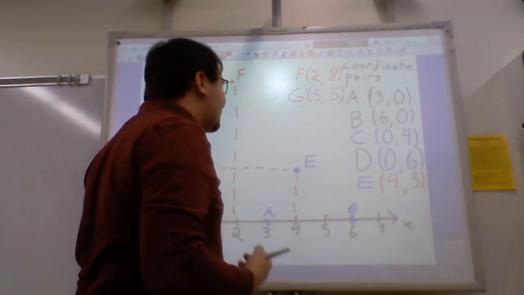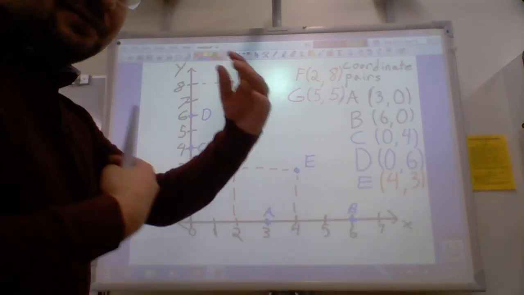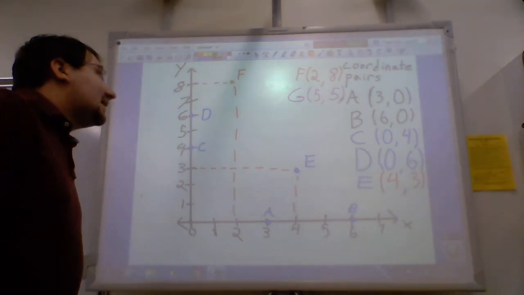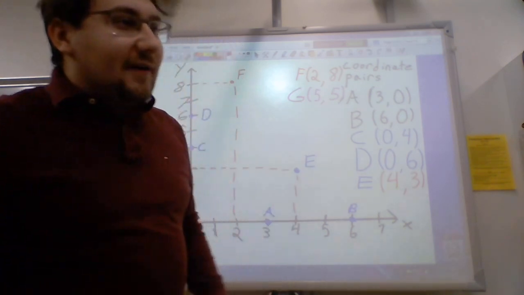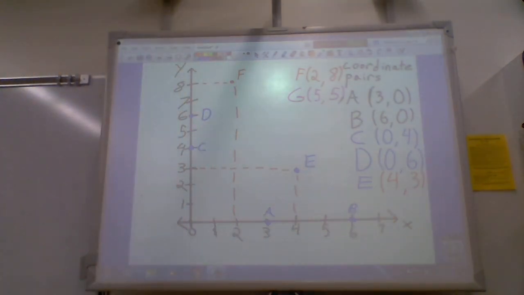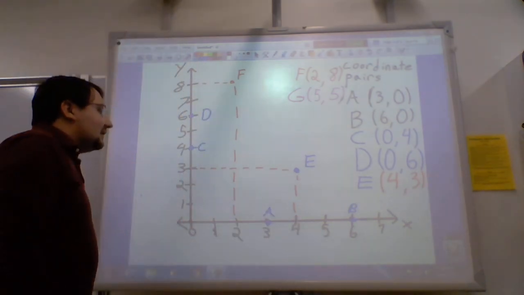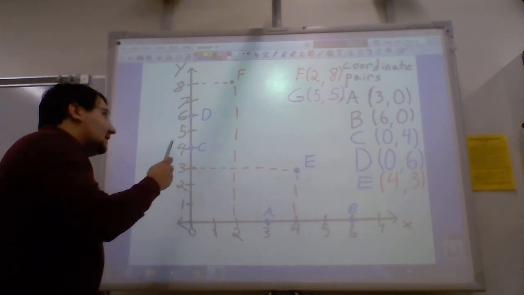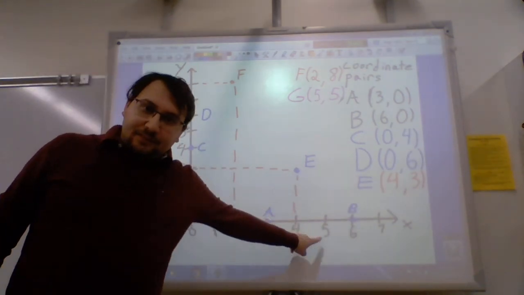We need to find the point from that. Well, all we have to do is just do everything that we've done. We just have to do it in reverse. Do it backwards. So what do we know about that 5 in the front? Well, that 5 in the front means that on our line X, point G has a position of 5.